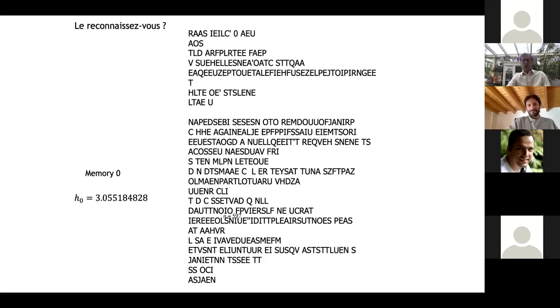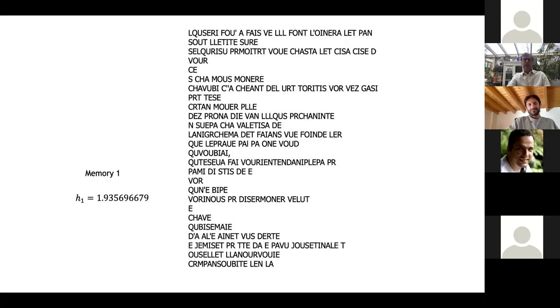It is impossible to guess it. Memory 1 is interesting. You can discover that at least it is a text in some language. You can even guess it is something close to Latin. Memory 1, only one symbol of memory. The entropy rate is reduced.